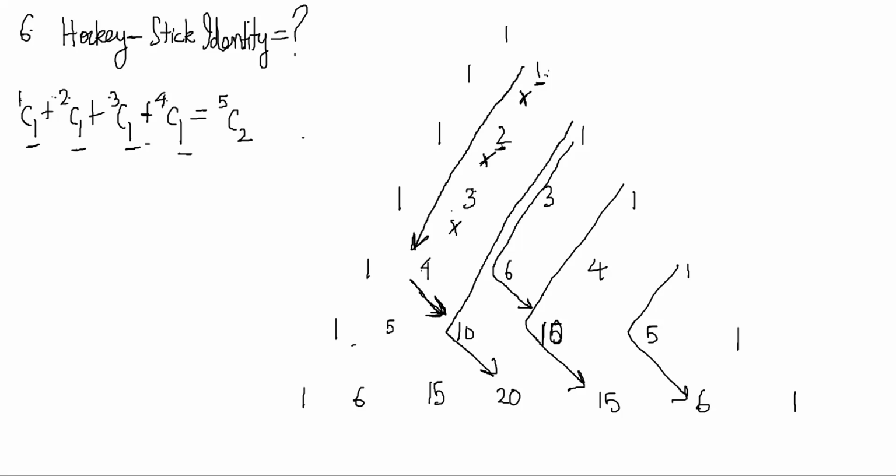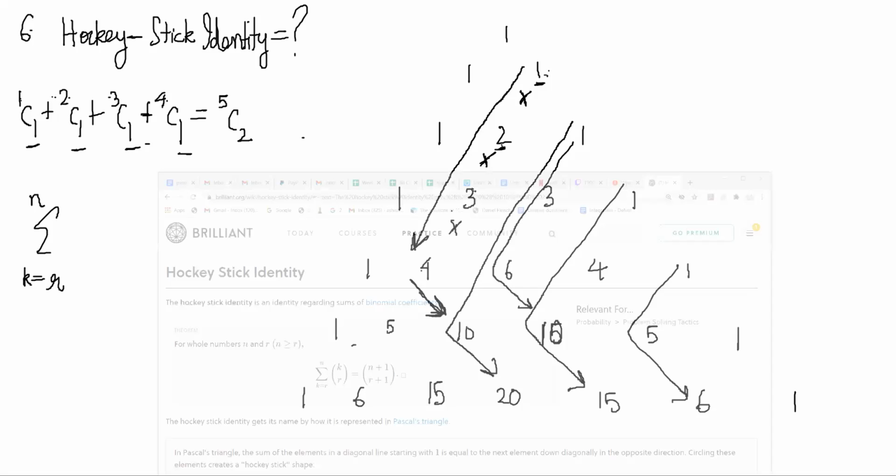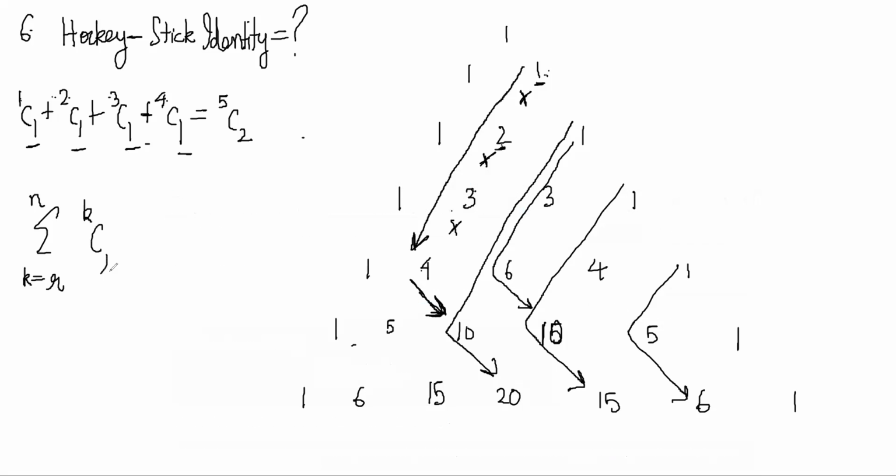So the general form is written as the summation of KCR, K going from r to n, and it is going to be n plus 1 C r plus 1.